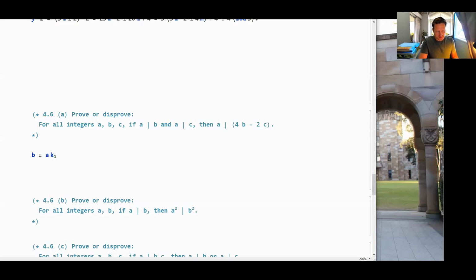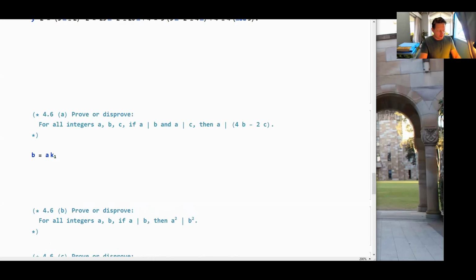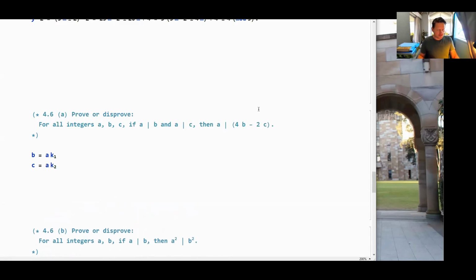Okay, so we're going for a direct proof here. And likewise, c is equal to a times some k2. All right, so now what we want to do is take this one and sub in. Okay, so I'm just replacing the b with a times k1 and the c with a times k2.